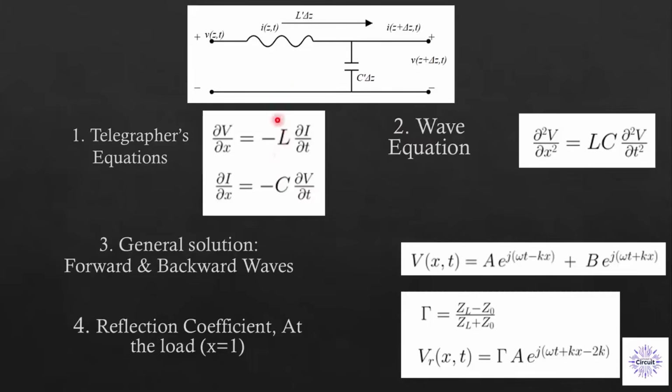The signs can definitely change based on the definitions you have for delta v or your current. But the main thing here is the relationship between the voltage and the current over x and over t.